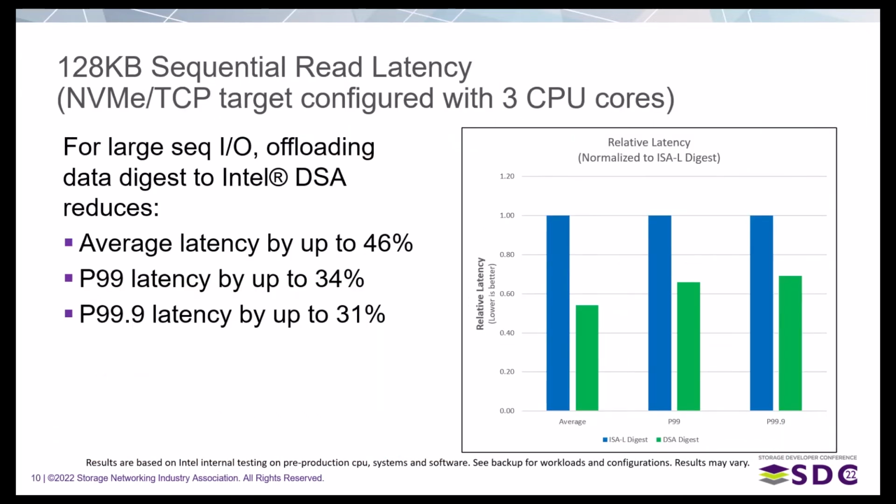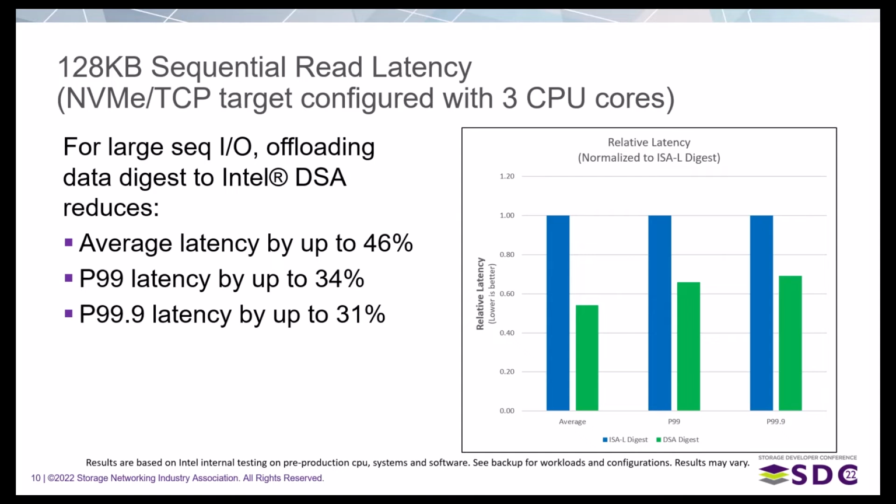So next, we're going to take a look at latency numbers. We're going to take a look at the relative latency that we measured when we used DSA to compute the data digest versus doing it on the CPU using ISA-L. And the numbers I'm showing here were collected when the target was configured with 3 CPU cores.